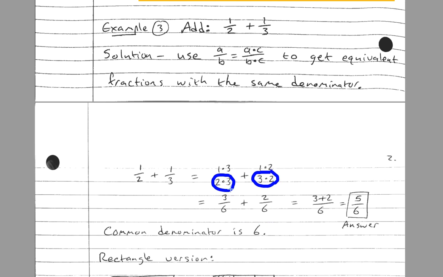And then just whatever you're multiplying by, make sure you do it on the top and the bottom. And so here's the same question with a common denominator 6. And now we're back to like fractions. 3 plus 2 is 5, so the answer is 5/6.